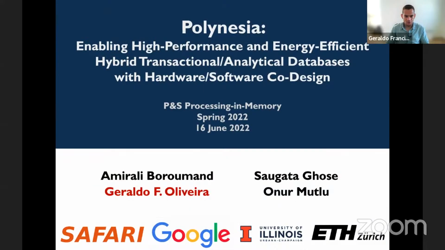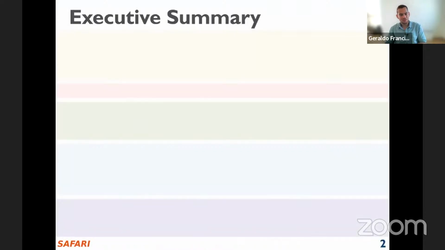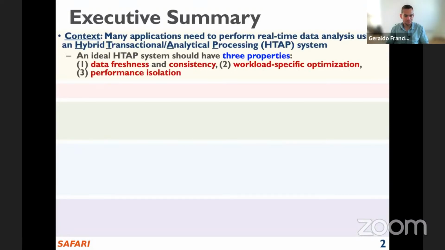So before I start, this work was led by Oliveira, who is now at Google. Before we start, I'm going to give a brief summary of what this talk is about. Many applications today need to perform real-time data analysis using what we call a hybrid transactional and analytical processing system, or HTAP.